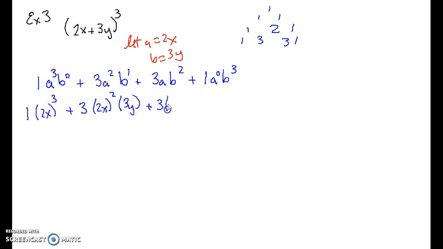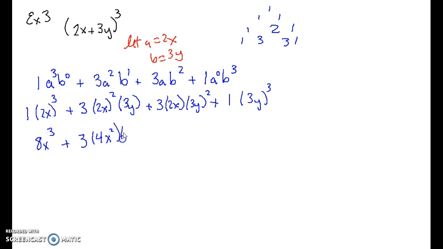This will be 3 times 2x times 3y squared, and then 1 times 3y cubed. So 1's not going to change anything. 2 cubed is 8. x cubed is x cubed. Here this will be 3 times 4x squared times 3y. Here I'm just going to multiply this together. So this will be 6x times 9y squared.